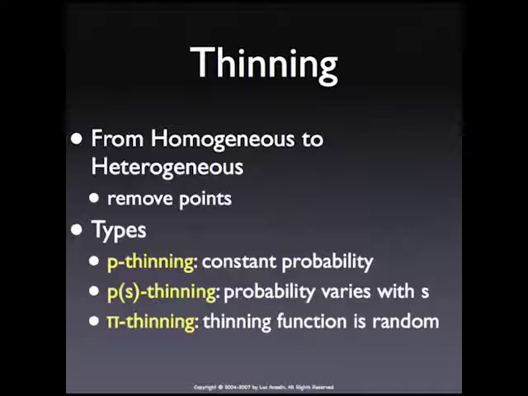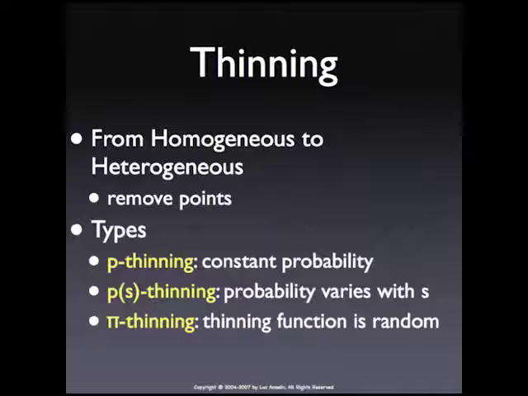So let's say we generate CSR 200 points, we kick out every other point, that gives us 100 points. These 100 points are still completely spatial random, because we haven't touched the spatial variability of the process at all. We apply equal probability everywhere.